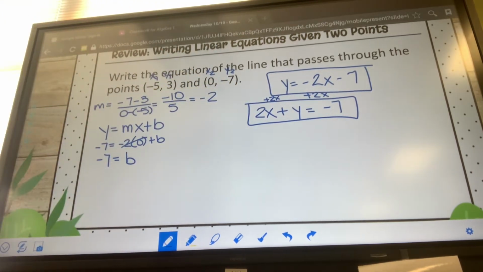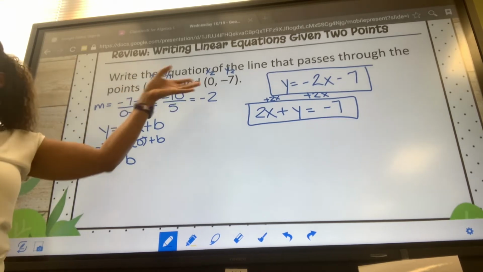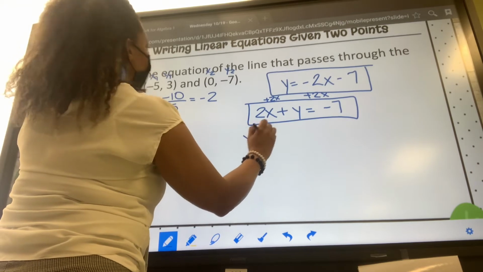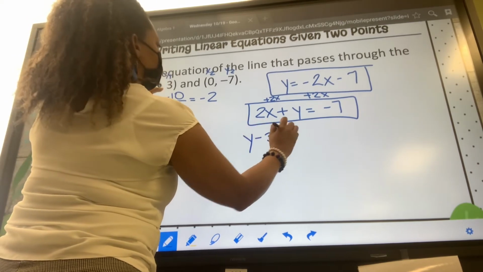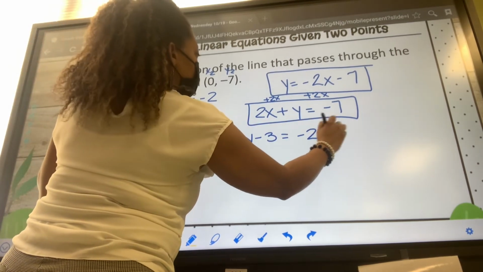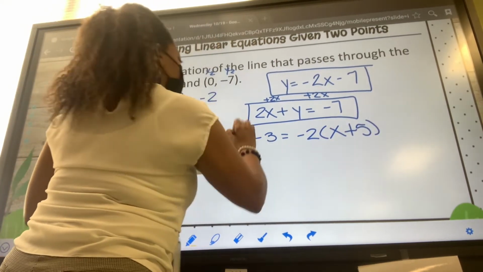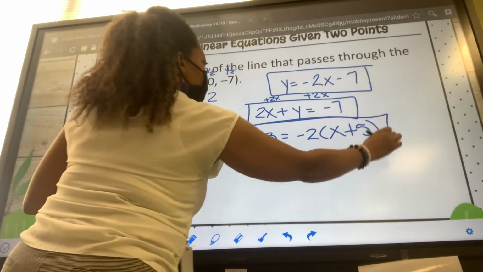All right, now we need point slope, which is super easy because I have my slope and I have a point. With my first point, I'm going to have y minus 3 equals negative 2 times x plus 5. Remember, they go in as opposites.